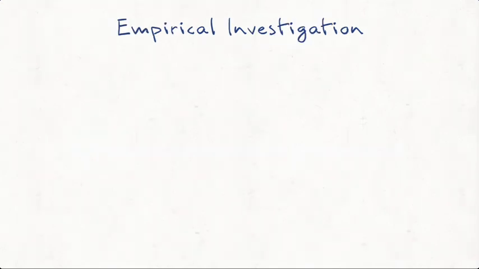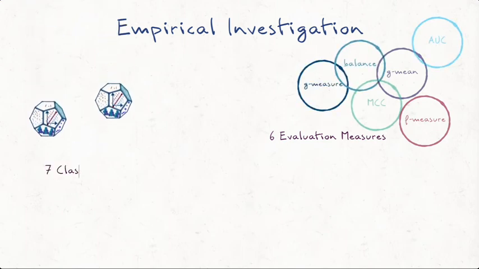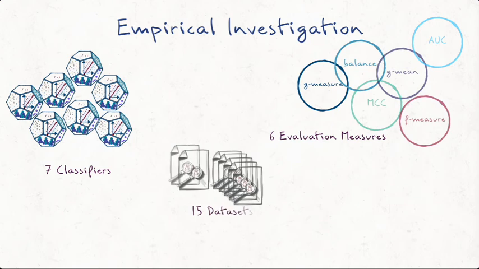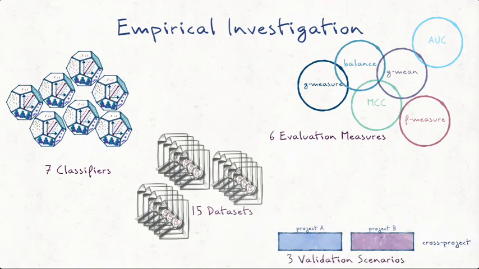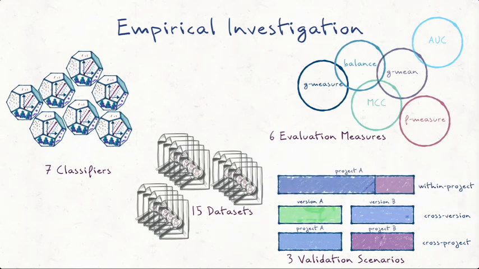To answer these questions, we performed a large empirical study which investigates the 6 most used measures according to our survey. The use of 7 classification techniques, 15 publicly available datasets, validated on 3 different defect prediction scenarios, as well as a more diverse and recent set of data. And for the first time, the comparison is entirely based on a statistical significance test and the effect size measure.